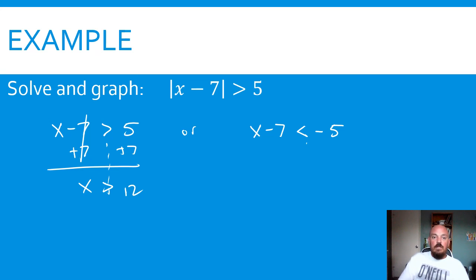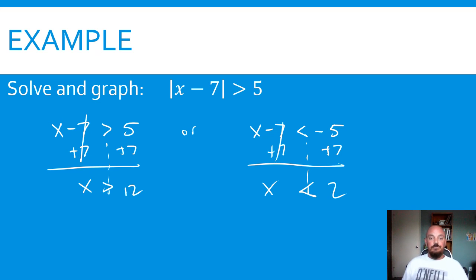Then, over here, I do the same thing. I add 7 to both sides. This time, we have x is less than, and that would be negative 5 plus 7 is 2. So there's my final answer. I get x is greater than 12, or x is less than 2.